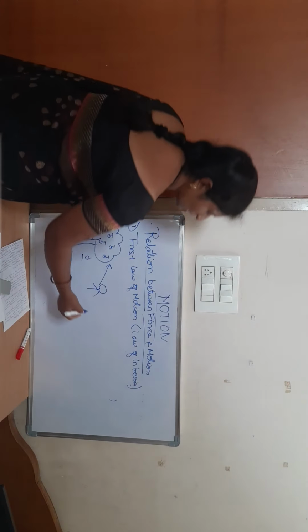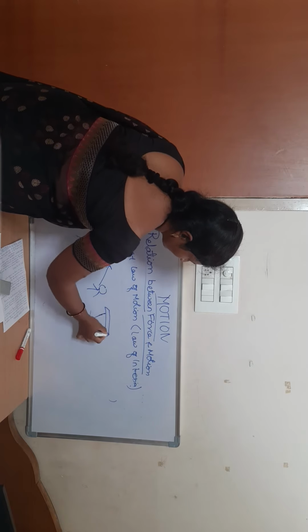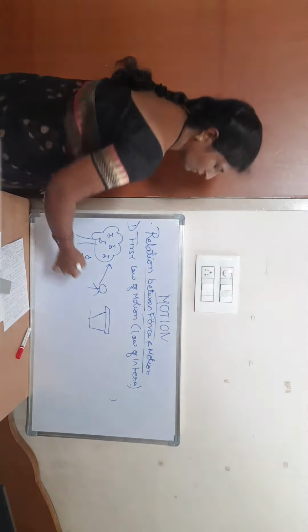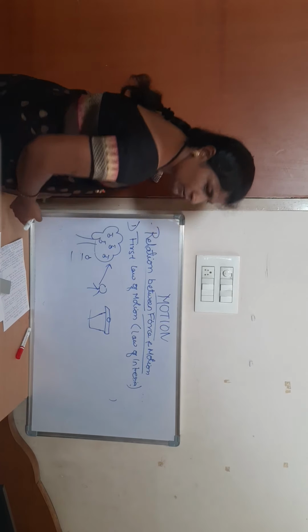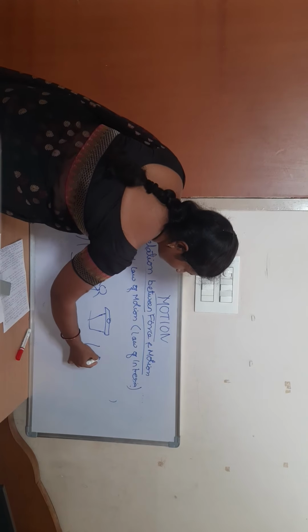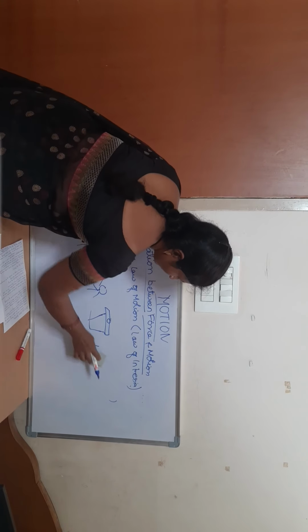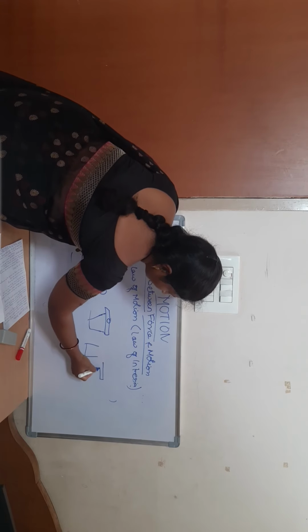Now, we take another daily example. This is an empty glass. We kept a cardboard on it and a coin on the cardboard. The coin is in the rest position. We flip the cardboard. What happened?